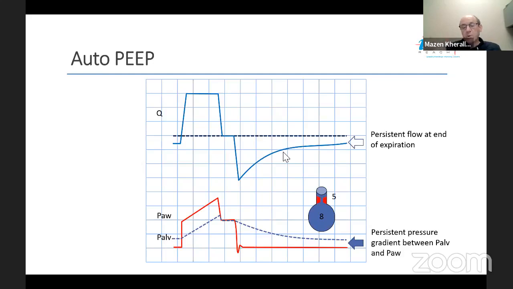With volume control, you can actually control the flow exactly. Of course, in pressure control, you can set a lower inspiratory time, so the machine by itself will increase the flow and deliver that volume quicker. I think it's easier to manage dynamic hyperinflation in asthmatic patients on volume control mode of ventilation.